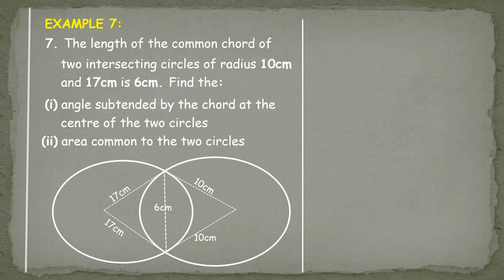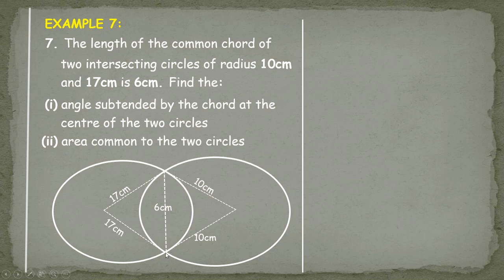All this is provided in the question. Now the common chord is here. The 6 centimeters we are talking about is from this point up to this point, the common chord. This is what we are interested in.